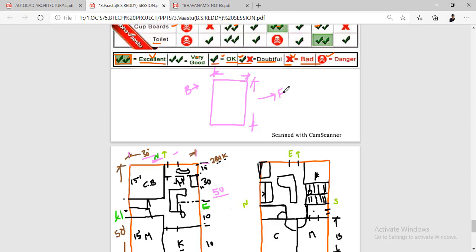Even I faced those situations. If they give you site dimensions, 40 by 50 or 30 by 50, and ask you to give them a plan, and you give the plan, they will treat you like an engineer. That's true. If you give them just one plan, they will treat you as an engineer.